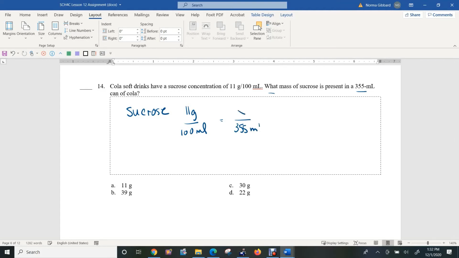Well, this is our unknown. And now we have a ratio, so 11 times 355 over 100 equals 39 grams, and that's our answer.